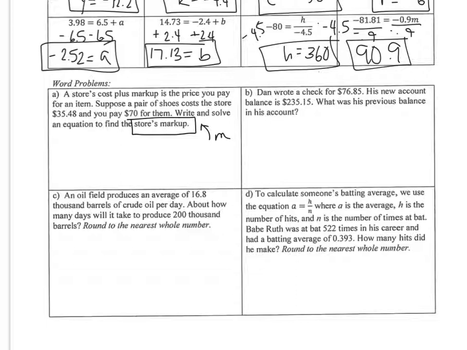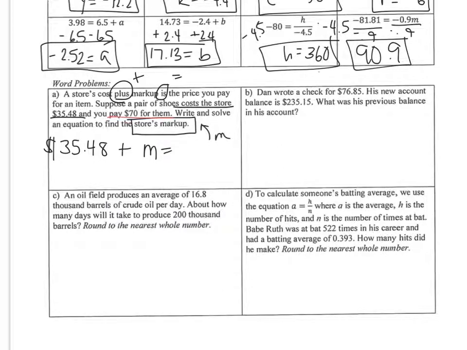So I'm going to go back to the first sentence of the equation where it says a store's cost plus markup is. So a store's cost, we're going to let that be whatever it costs the store. So that's $35.48. And then it says plus, so that's a plus sign. The markup, which is going to be our variable M, equals the price you pay for an item.